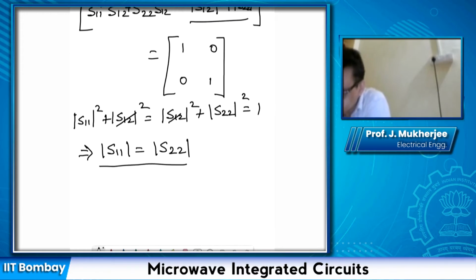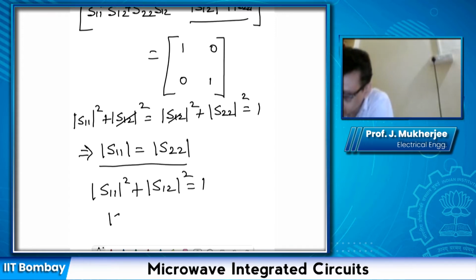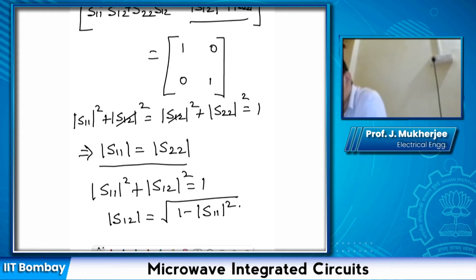Okay, so we have reduced the requirement by one unknown, and then if we substitute, coming back to this relation, from here we get magnitude of S12 is equal to 1 minus S11 whole square. Okay, so by this relation we have reduced one more unknown.